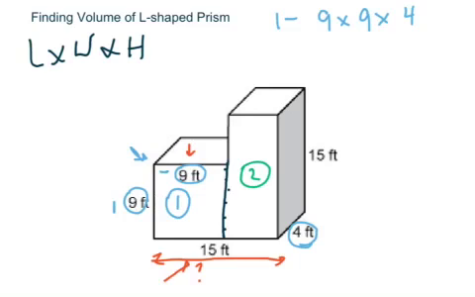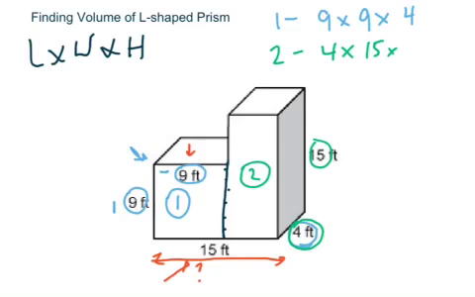Okay, so now let's look at rectangular prism number 2. Little trickier, okay, the width is 4, so I can use that 4 again. The height is this whole thing here, it is 15 feet high. So the width and the height, now I just need length.